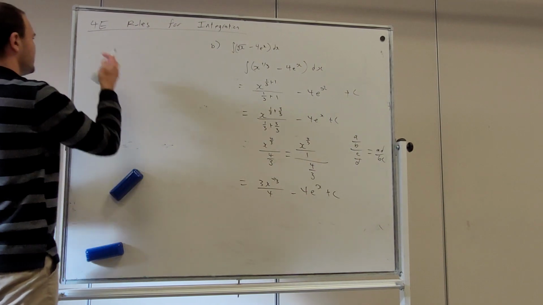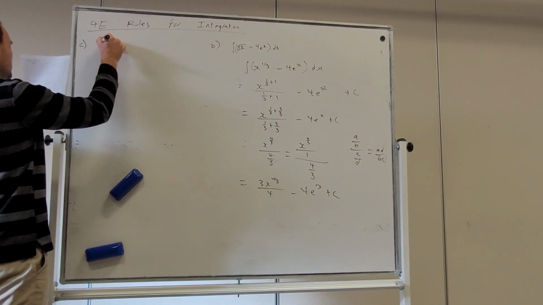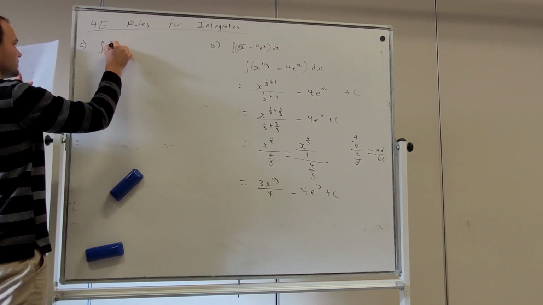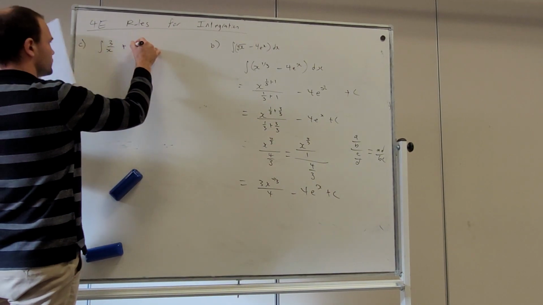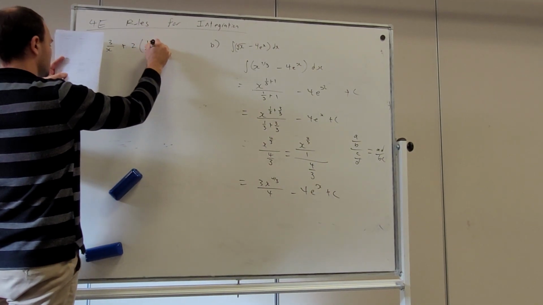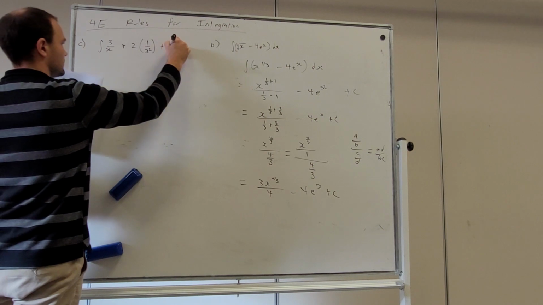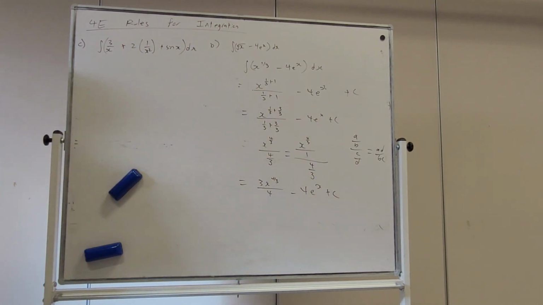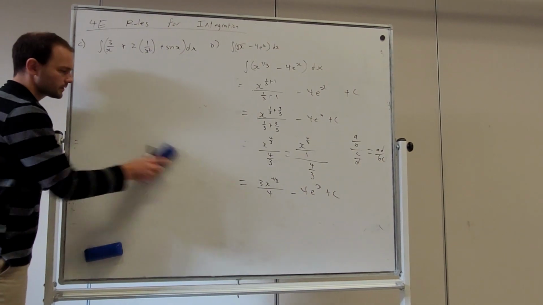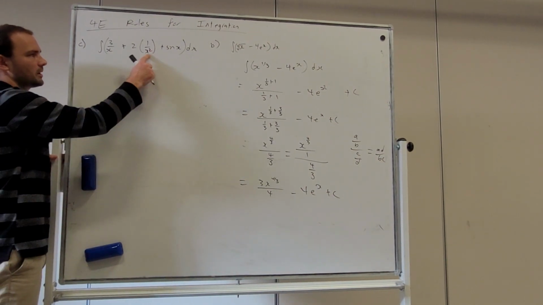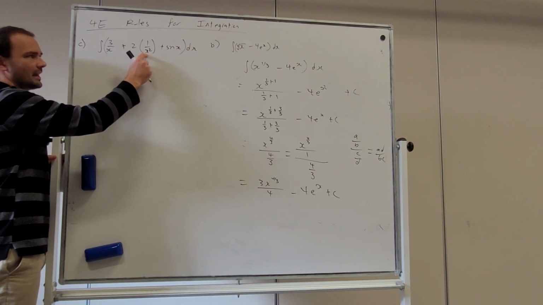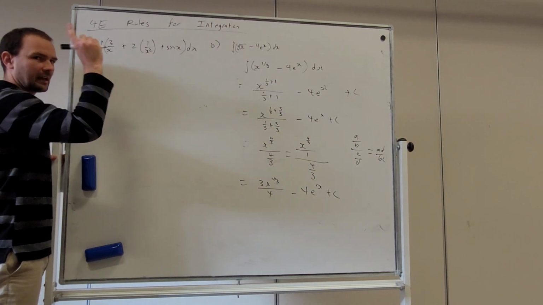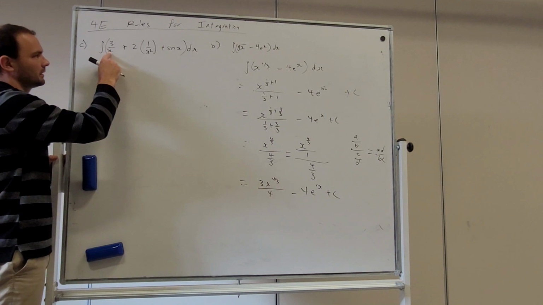All right, with C, we have the integral of 3 on x plus 2 times 1 on x squared plus sine x. All right, so here we will integrate term by term. What I'm going to do first is express everything that we can with a negative power, except this one, all right?